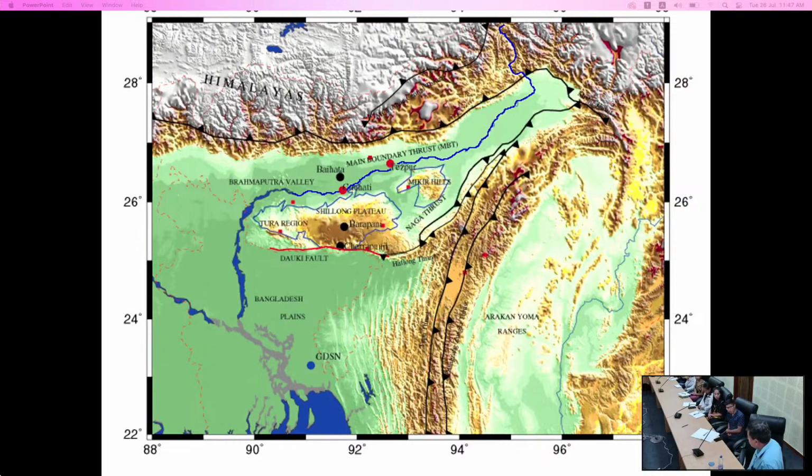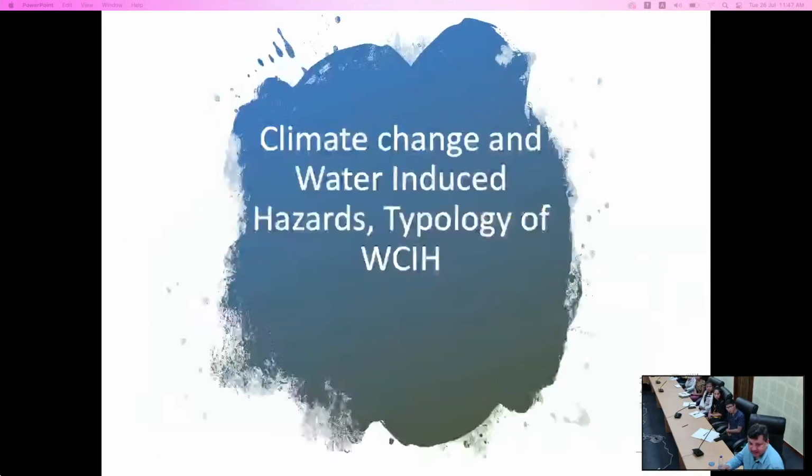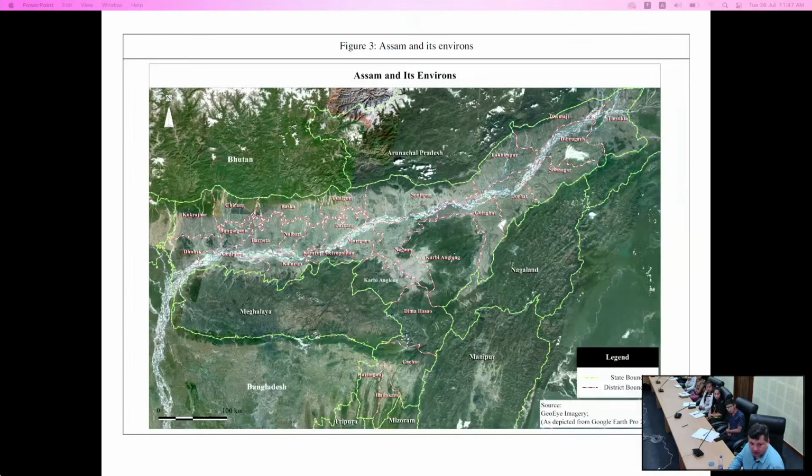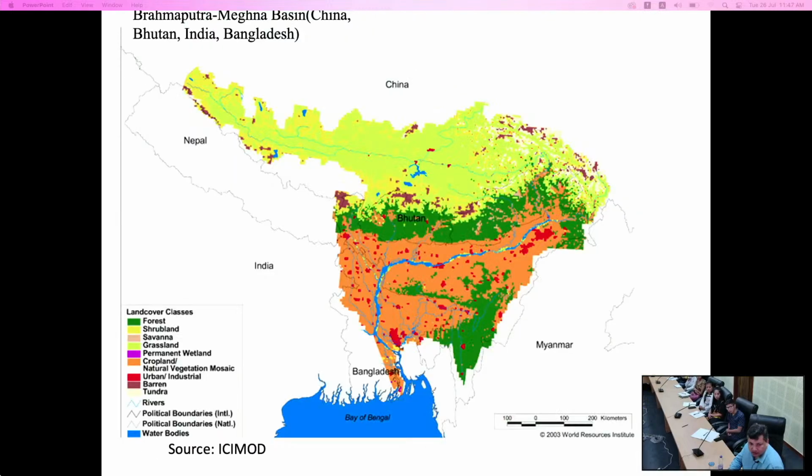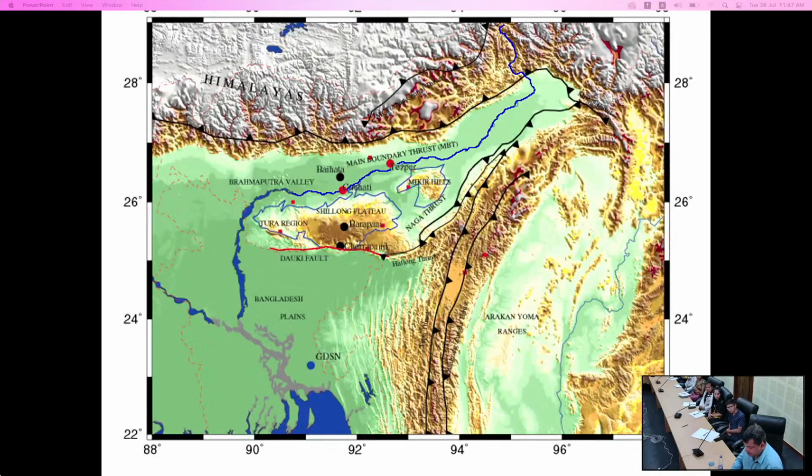For those who have a kind of geology background, they may be already familiar. What you can see is that these are all hills and mountains, right?